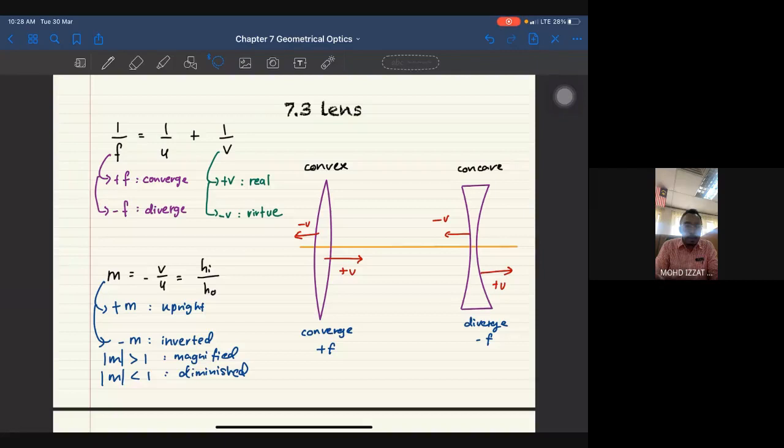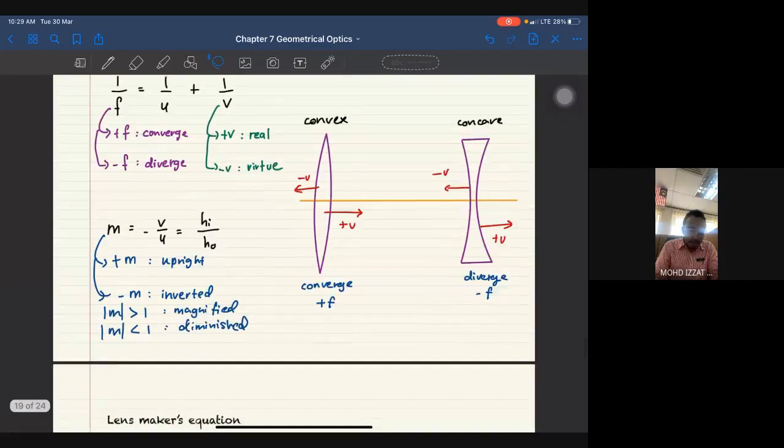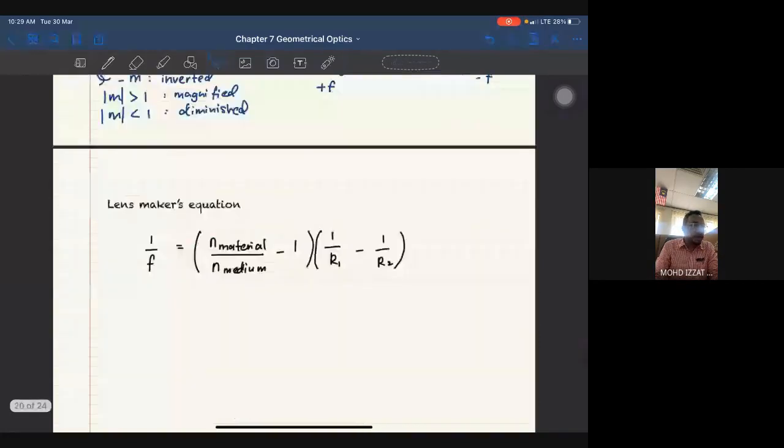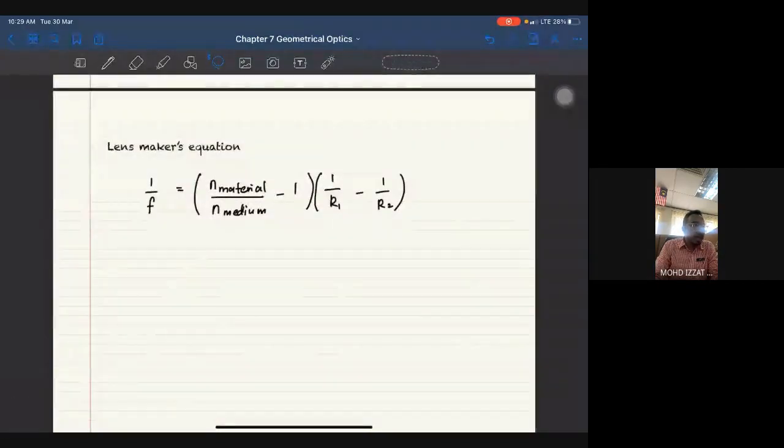But here, it doesn't work like that. So if you want to find f, if you are given r, you have to calculate. How to calculate? You can use the lens maker equation. So by its name, I think you guys should expect. This equation is being used by those that make the lens.